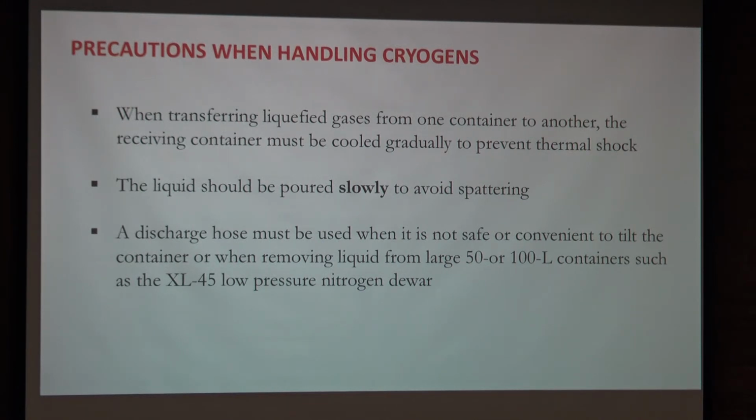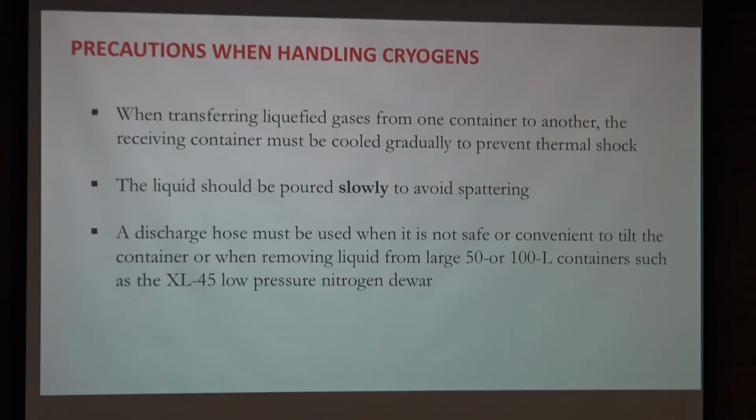And ideally, when you pour liquid nitrogen from one container to the next, you don't want to actually tilt it over and pour it. You want to use a hose to safely transfer it to the other container, not only in terms of avoiding splash damage and other potentially dangerous situations.